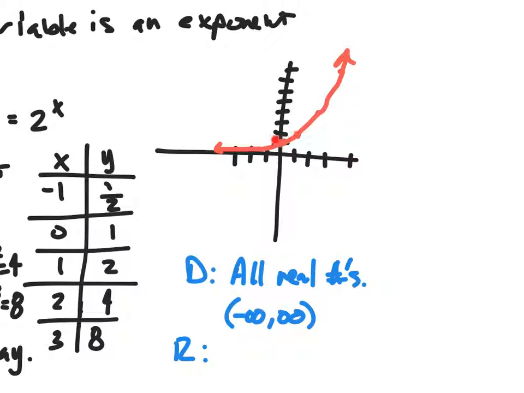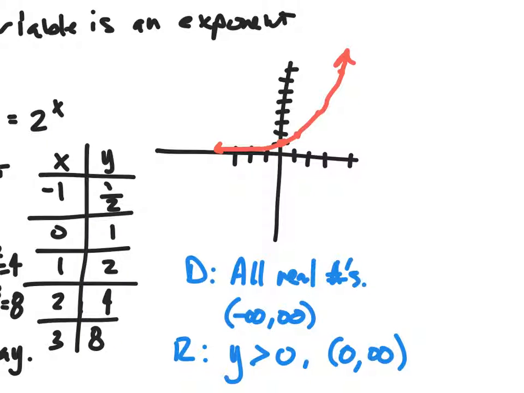This function is asymptotic to the x-axis, and as x goes to negative infinity, the y values approach 0. So the range is y values greater than 0, or in interval notation, from 0 to positive infinity.